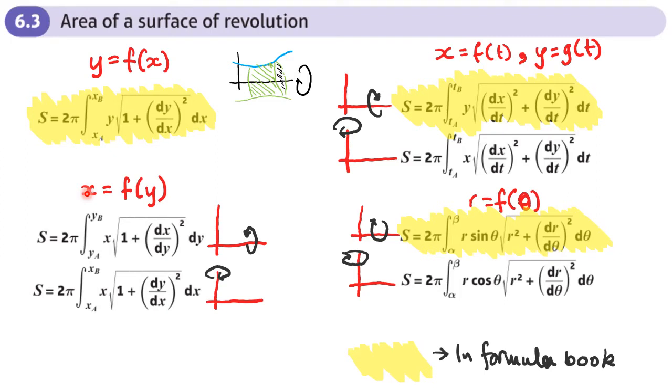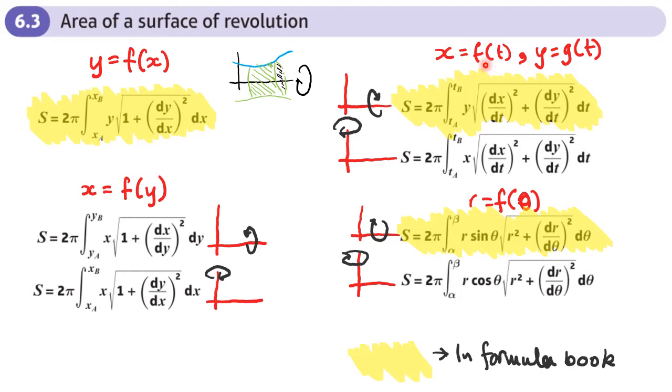If we have a Cartesian equation in the form x equals f of y, so it's swapped around, we can use one of these two forms depending on which axis we're rotating around, the x-axis or the y-axis. But these are not given in the formula book, but we can use the given ones to get these.